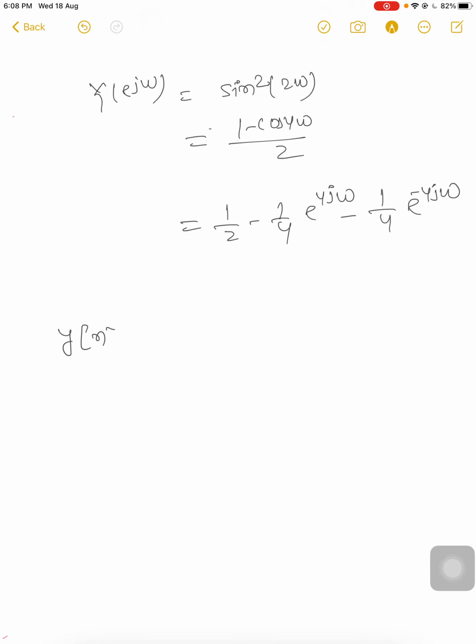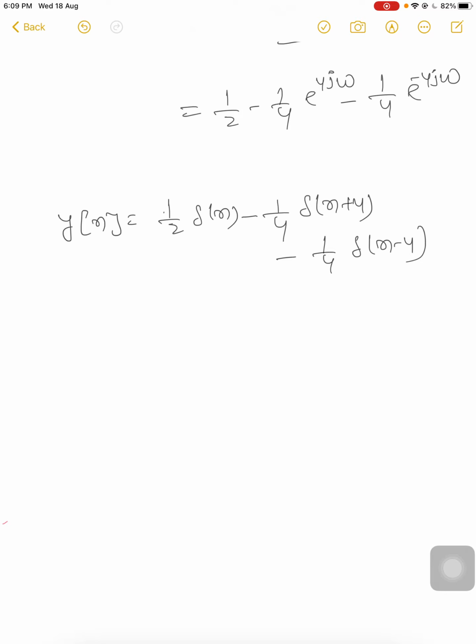Okay, and this one is y[n] is equal to nothing but half delta[n] minus 1 by 4 delta[n plus 4] minus 1 by 4 delta[n minus 4].